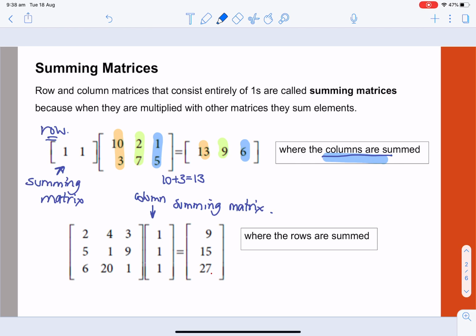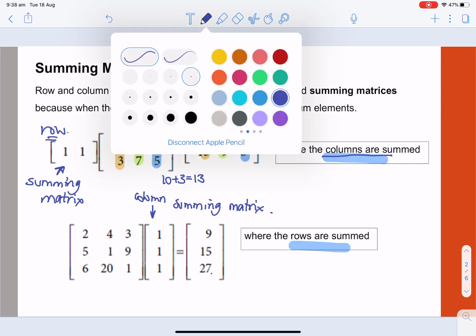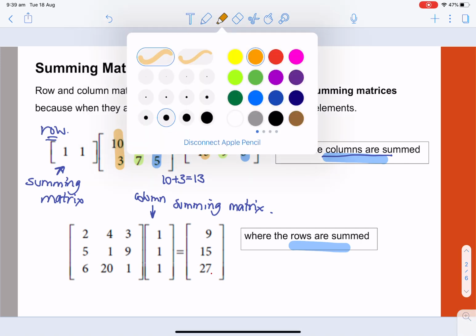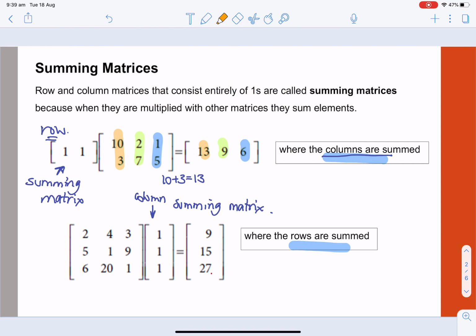Now, if I've got a column matrix, I have to sum the rows. So I'm going to go back to my highlighter, orange again, and I'm going to add my rows. 2 plus 4 plus 3, I did check with my 6-year-old, he told me it was 9.